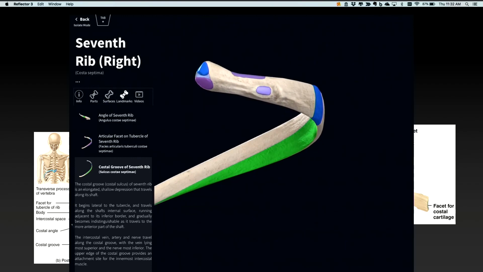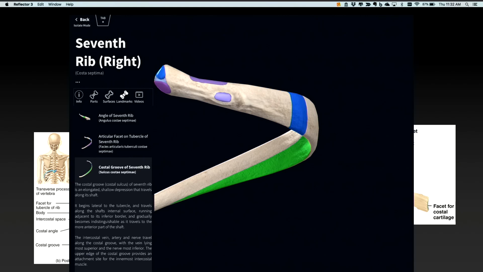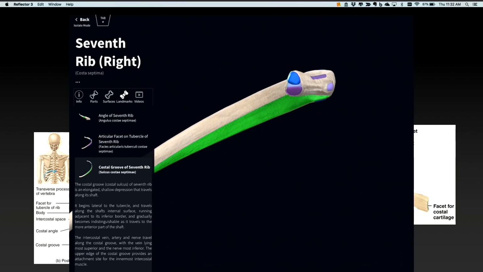And this is important because that's where the vein, artery, and nerve travel. There's one for every rib, for every space between the ribs. And so this costal groove is where those three structures will move around the thoracic cage. We'll see that coming up.